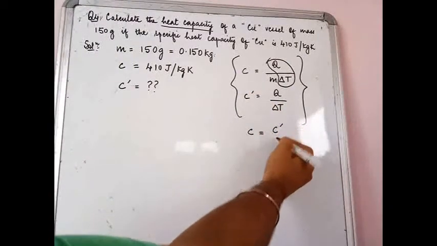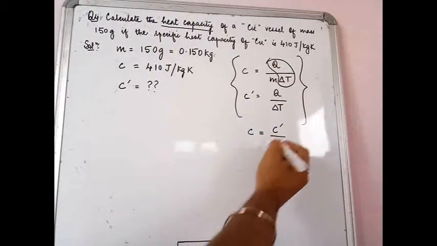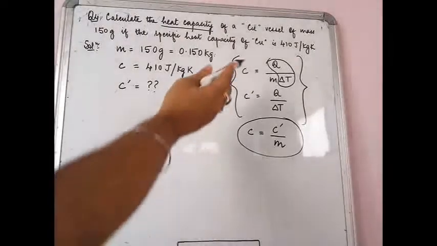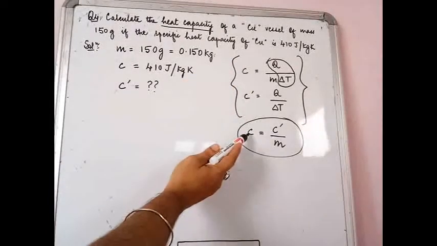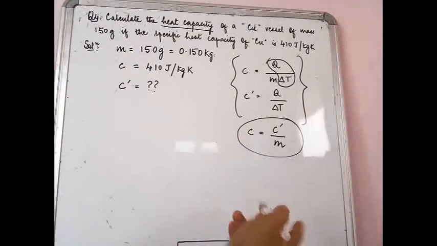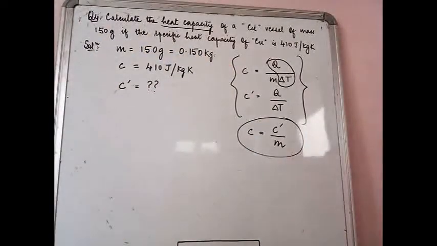So C dash upon what is left? M is left. So this is that relationship that exists between the specific heat capacity C and the heat capacity C dash. Although it looks like a third formula, this is actually not a separate formula. This is just the use of the first two formulae that we have discussed.